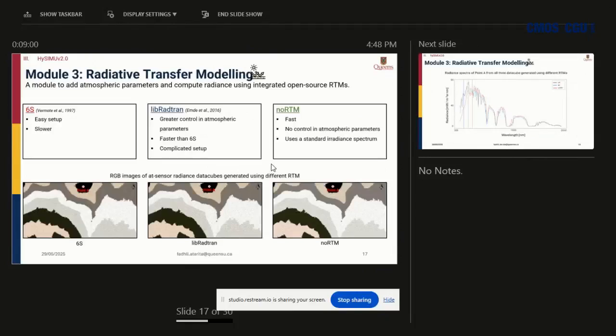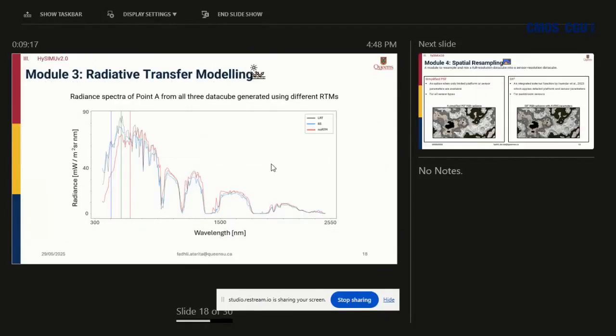On the bottom, we have three RGB images that were generated using each of these RTMs. Practically, visually, you cannot see any differences in these images. But if we take one pixel out of all of these images and plot the radiance spectrum, we see some degree of differences between all these images.